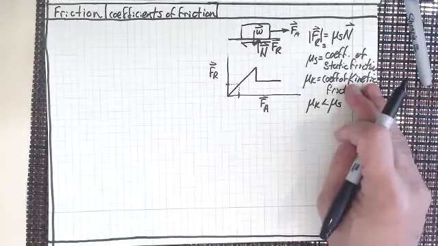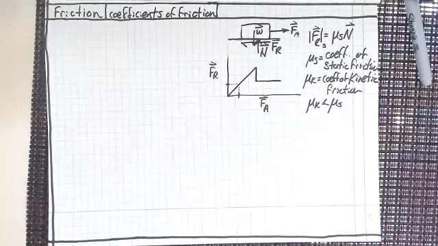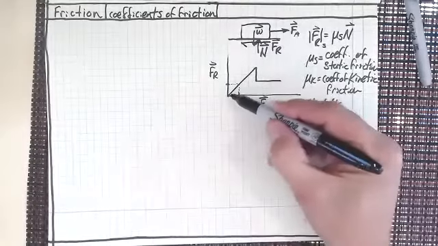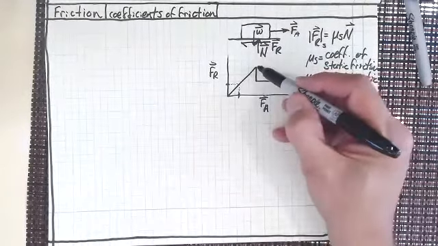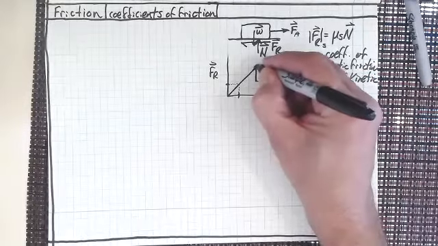Let's say that you're moving a table across a kitchen floor. You start to push on the table. Now, as you push on the table, it pushes back until it reaches this point right here. And what is that point?